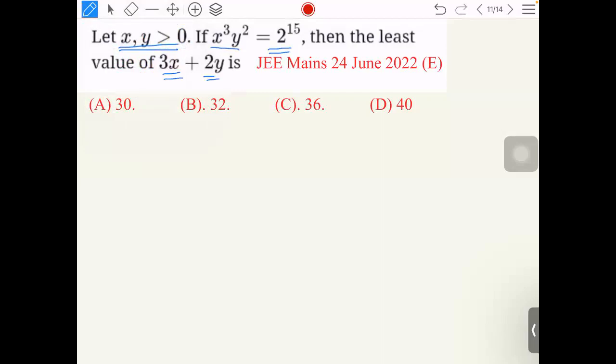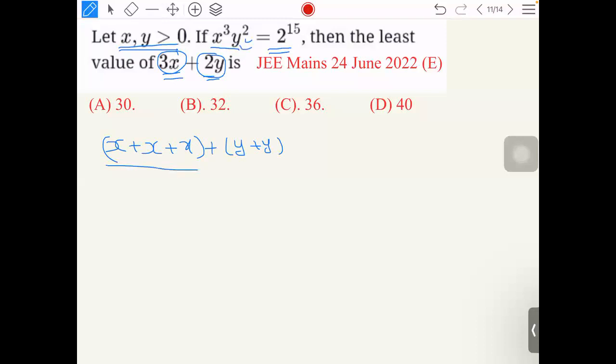3x plus 2y, that means we will break this 3x into 3 parts because we have x cube here. So we can write the AM as x plus x plus x, three terms, and then y plus y. We'll break this y into two parts. Why? Because we have y squared.